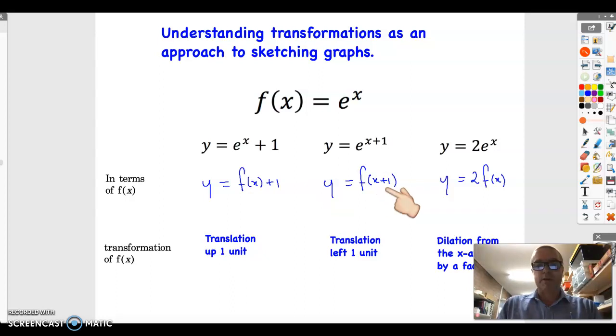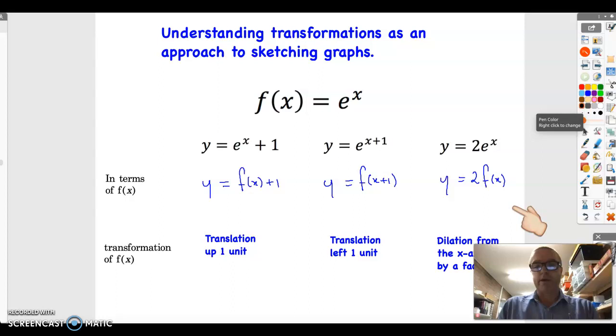If I'm swapping x with x plus or minus a constant, that's going to give us a horizontal translation. In this case, when we swap x with x plus 1, the graph is translated to the left 1 unit. And in our third example, we're talking about a dilation from the x-axis by a factor of 2.